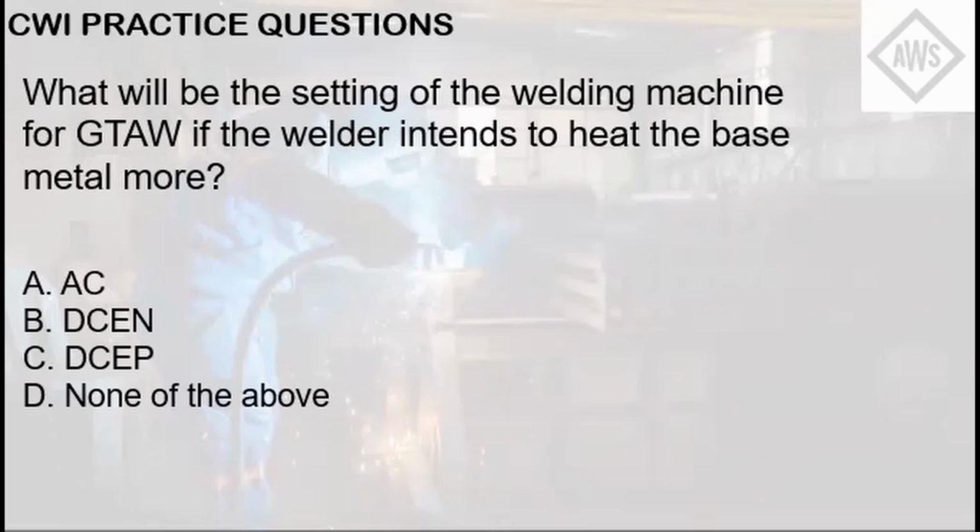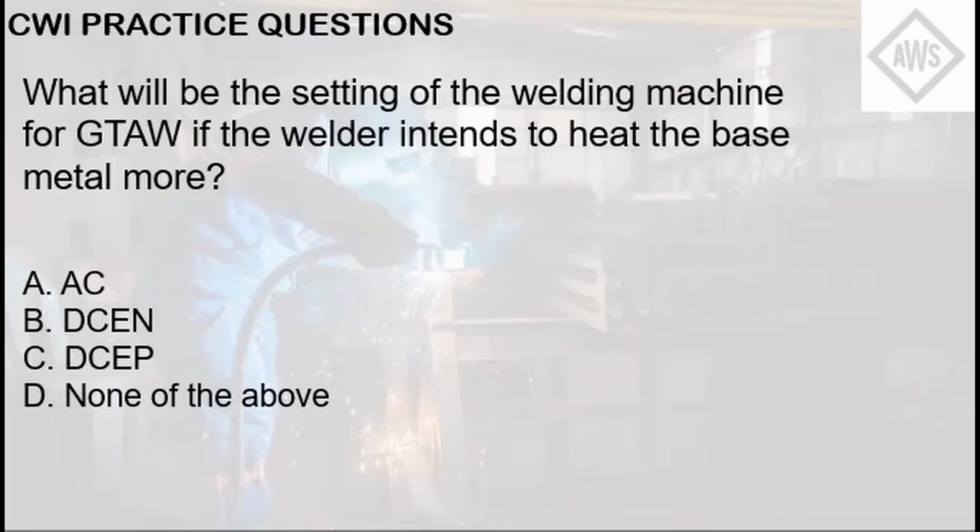So for letter A, AC, it will not heat the base metal more because of its sinusoidal kind of curve. If you plot the current, the electrode seems like it's not in contact with the metal for a very long period, much like SMAW.